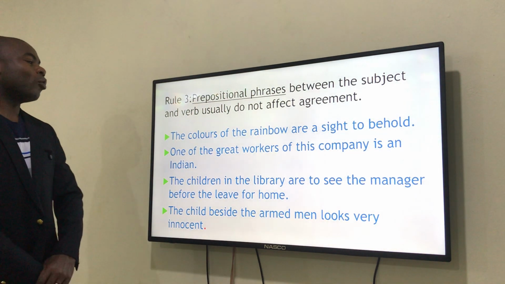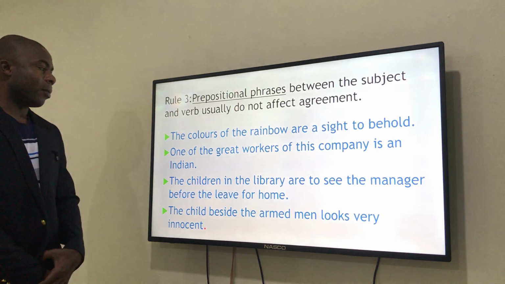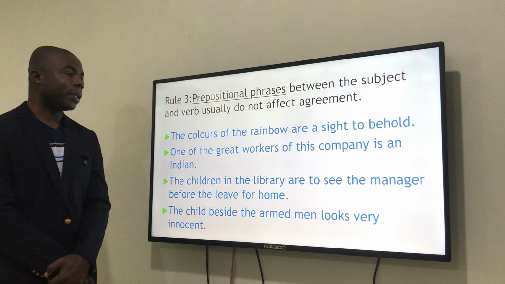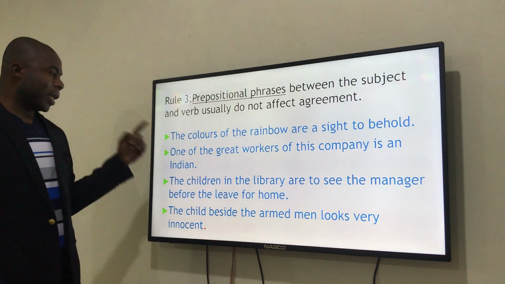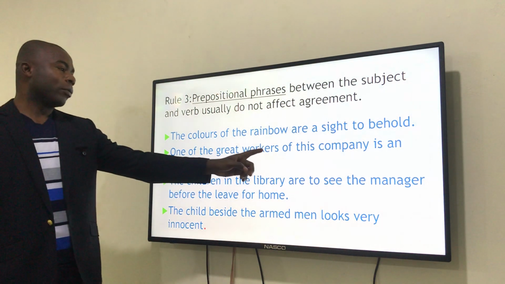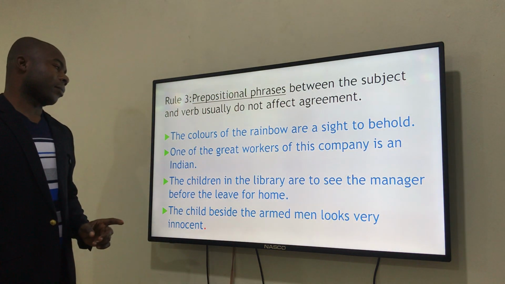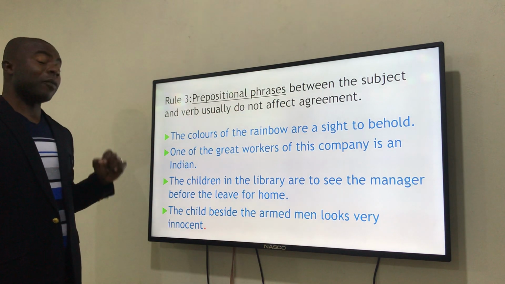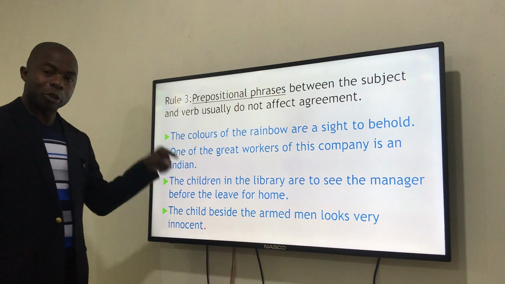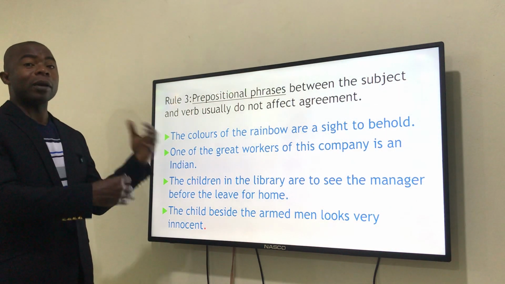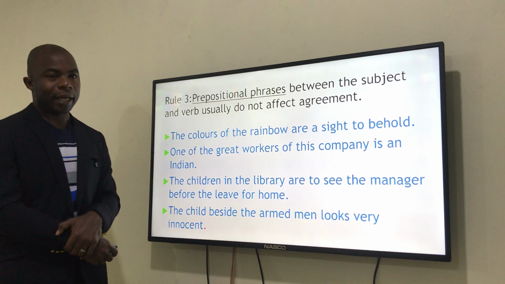One of the great workers of this company is an Indian. Now take note. The prepositional phrase is "of the great workers of this company." Now take note that if we have the expression "one of the," it is usually followed by a plural noun, because you cannot have one of one thing.